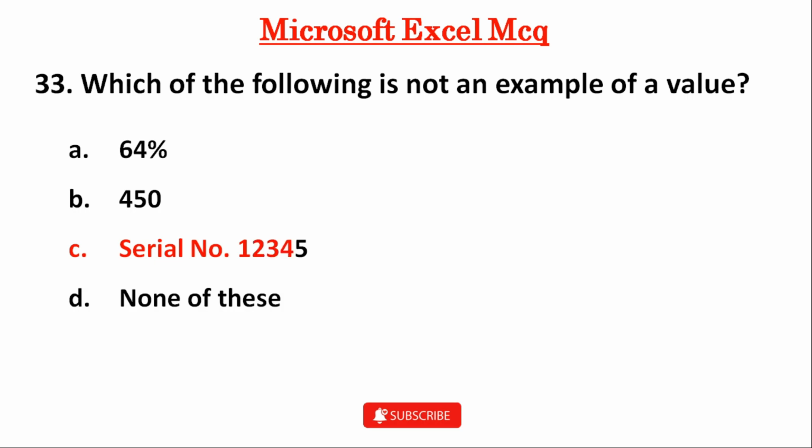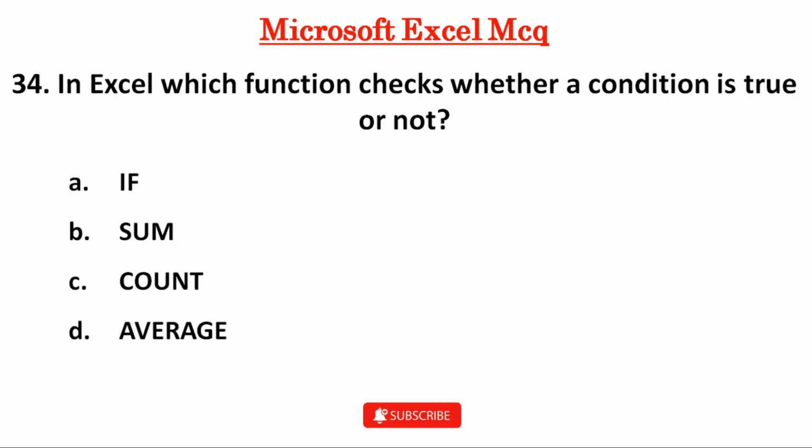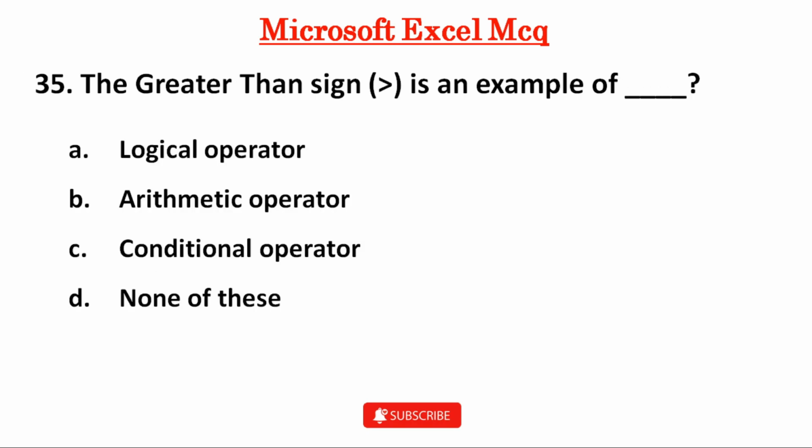Right answer is option C, serial numbers 1, 2, 3, 4, 5. Next, in Excel, which function checks whether a condition is true or not? Right answer is IF. Next, the greater than sign is an example of dash. Right answer is logical operators.